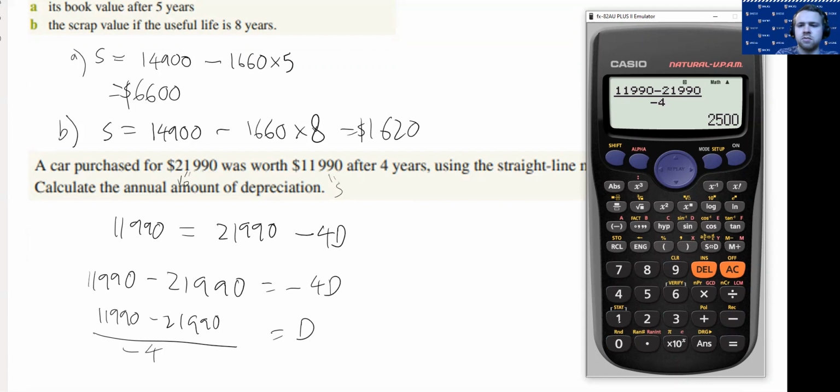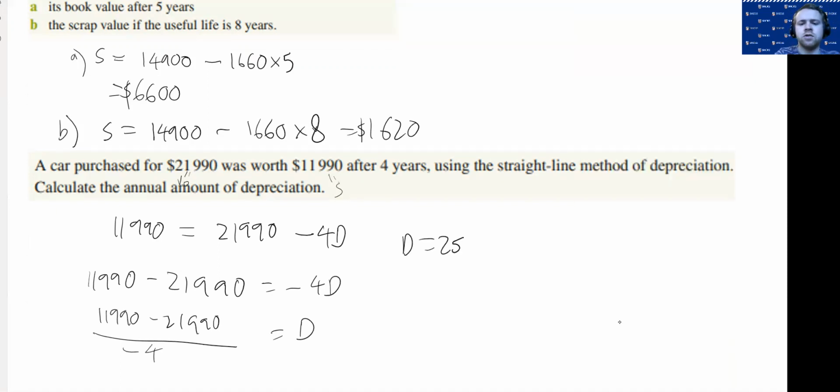Gives us our depreciation of $2,500 per year. Okay, so again, substitute your values, rearrange so that you've got the unknown on its own, and then pop it in your calculator and you get your value.